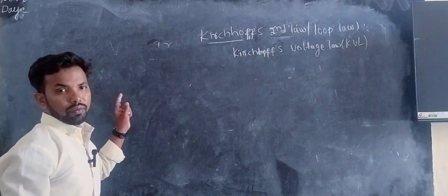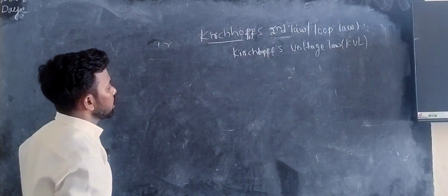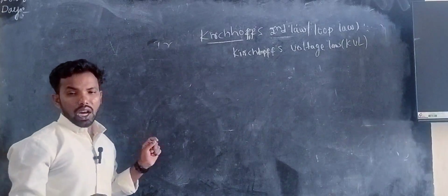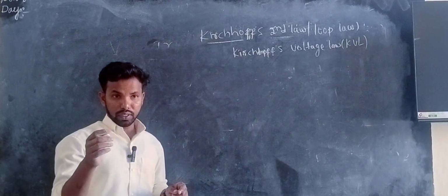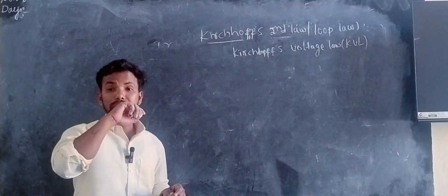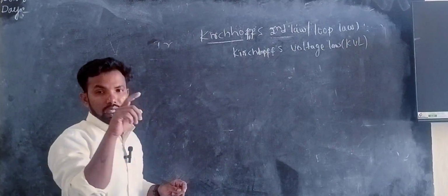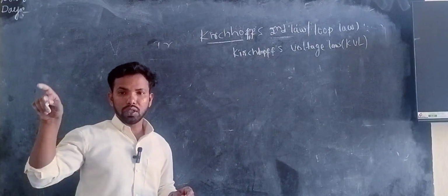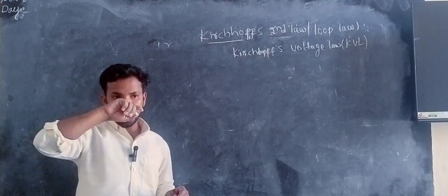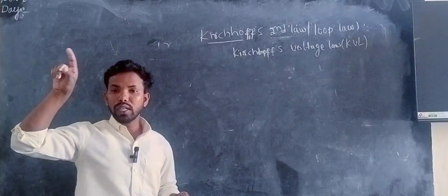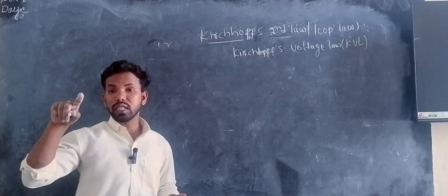KCL is the first law. This is what it tells: the algebraic sum of change in potential in a closed loop is 0. If you construct a circuit, it contains voltage, resistance and all those things. In that, the algebraic sum of all voltages is equal to 0. Change in potential is equal to 0.